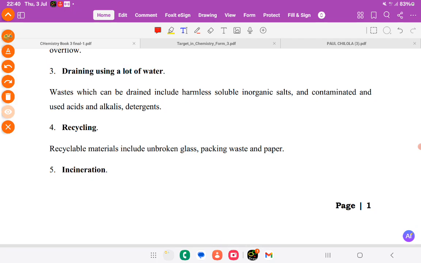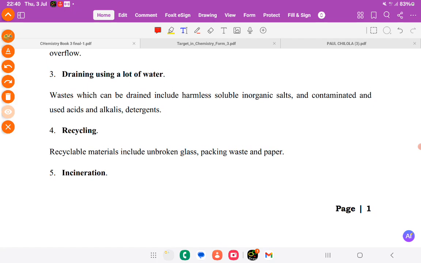Another way of disposing waste is called recycling. Okay. Remember, recycling means converting the waste into something that can be used again.